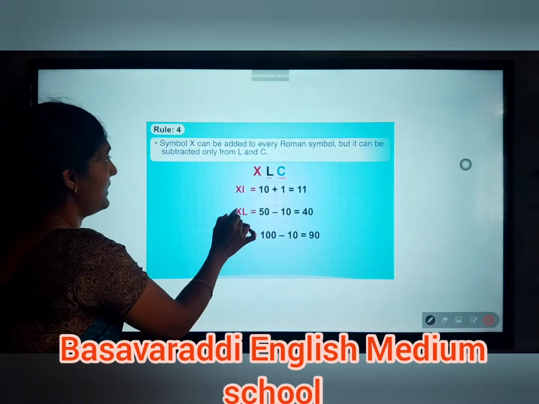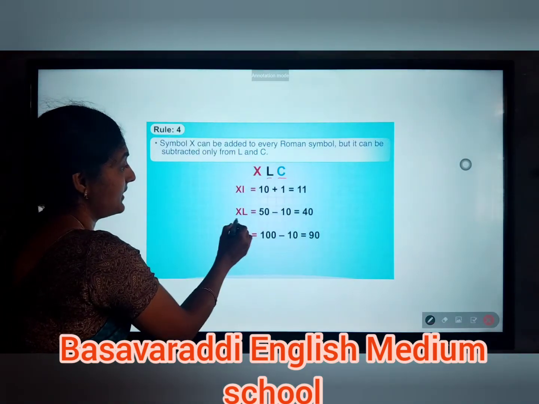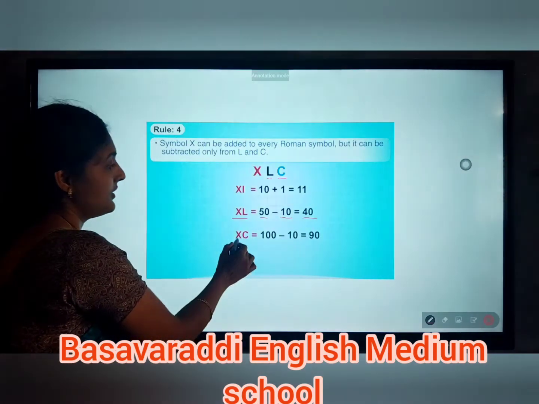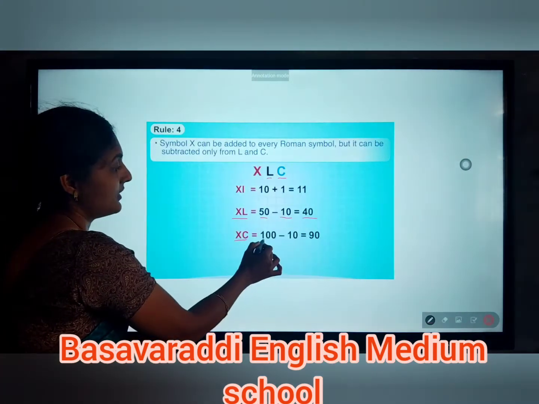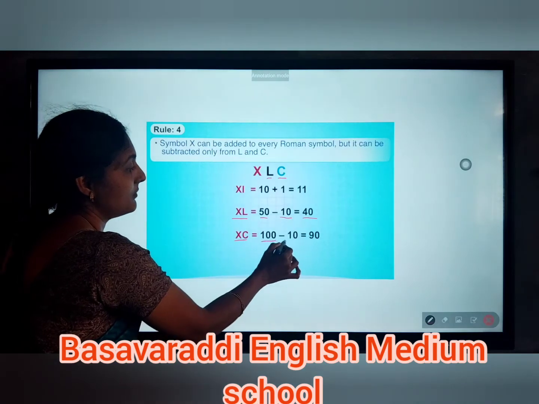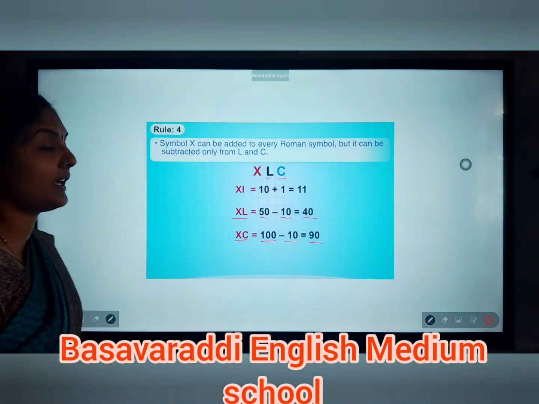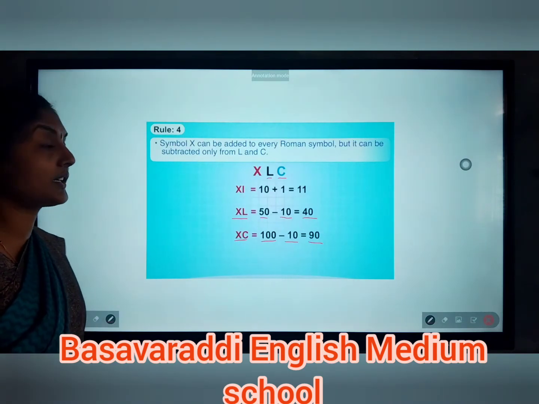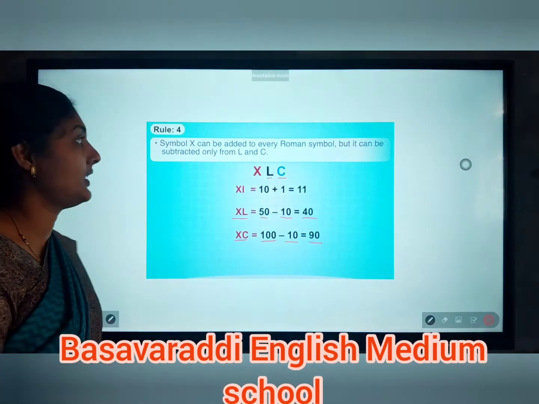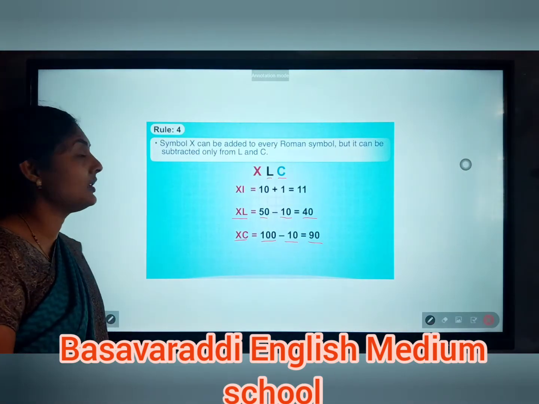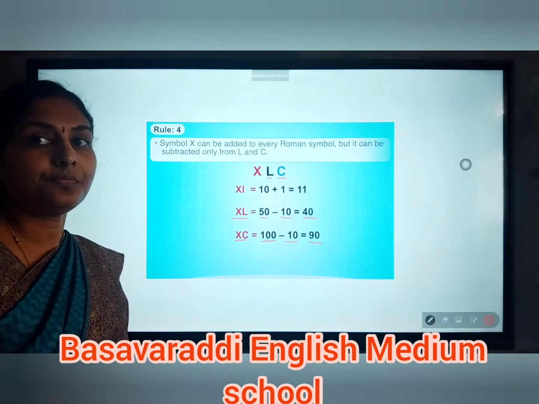So that is 50 minus 10 is equal to 40. And XC is 100 minus 10 is equal to 90. So X is subtracted only from L and C. So this is about rule 4.